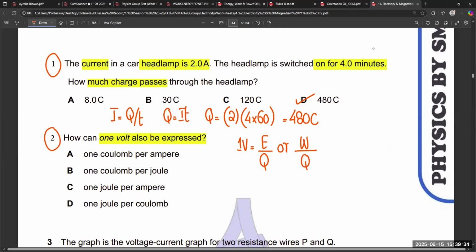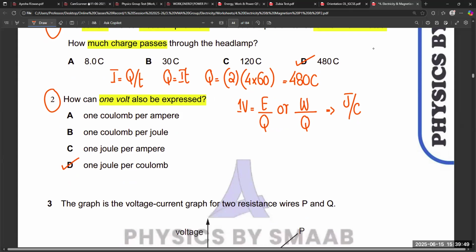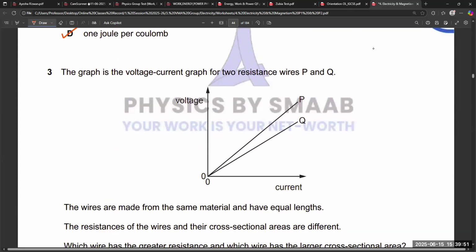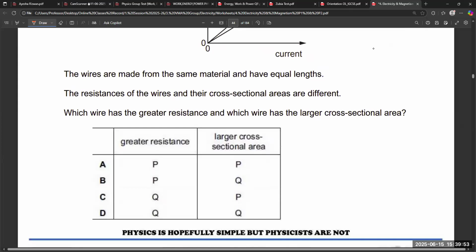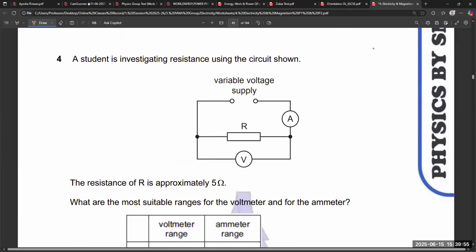In both cases, we have joules per coulomb, right? So it means option D. So we have this type of question also in the past paper. It is not compulsory that we will get only difficult questions. We have basic questions also.